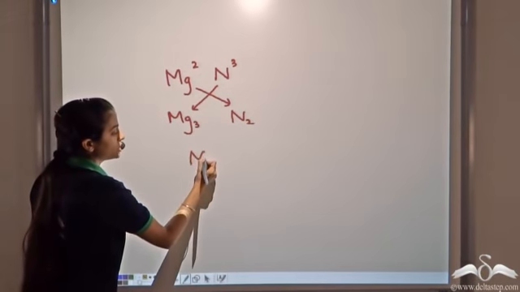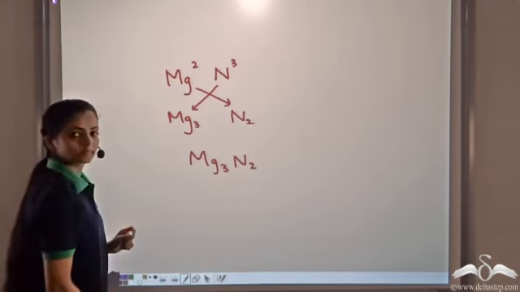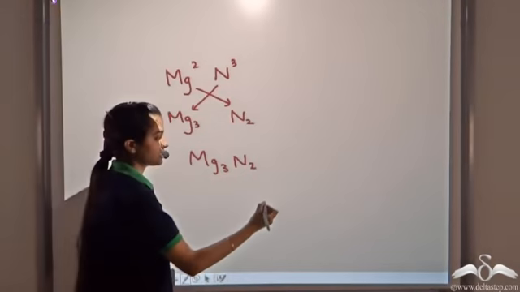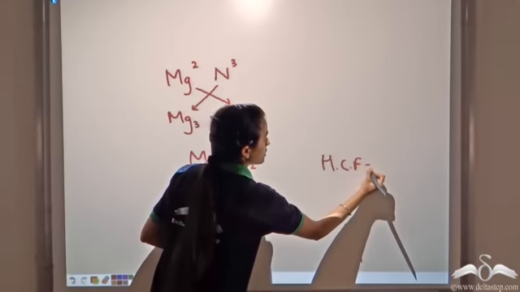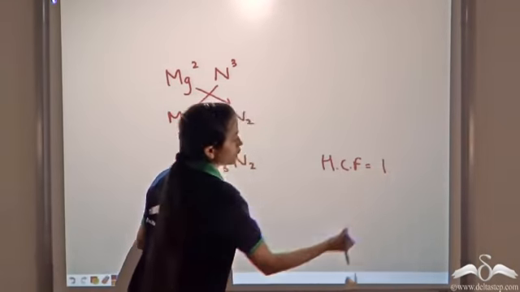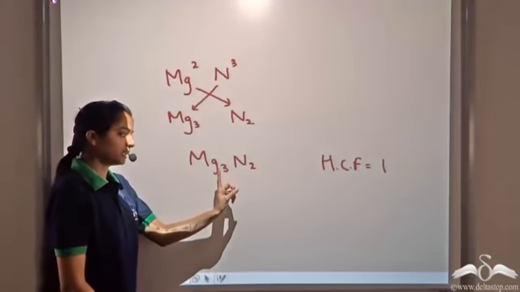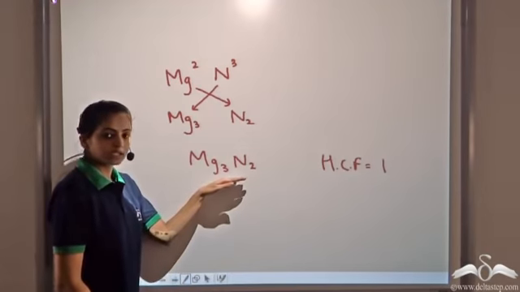So we get Mg3N2. Now if we take the HCF of 3 and 2, what will we get? The highest common factor of 3 and 2 is 1. So when we divide 3 by 1, we get 3. When we divide 2 by 1, we get 2. So the formula does not change.